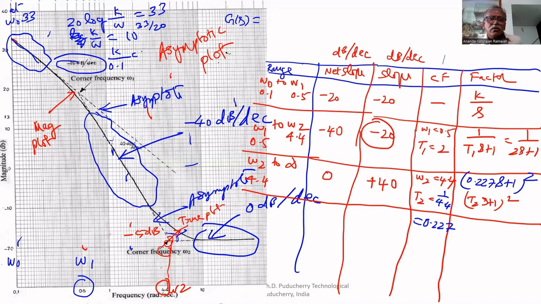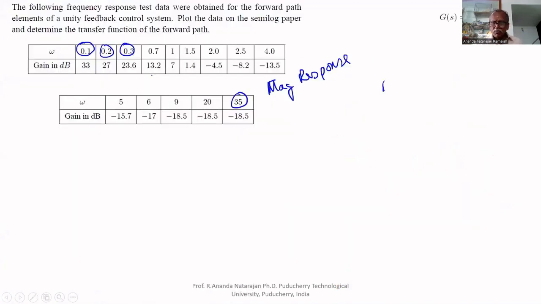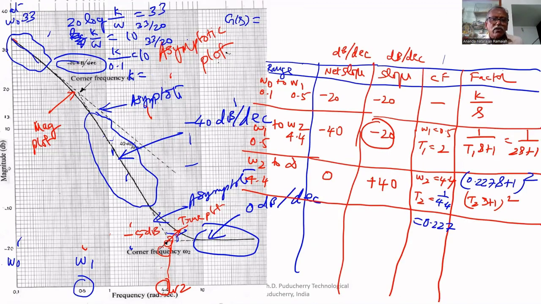This gives the K value. K is equal to 4.5.